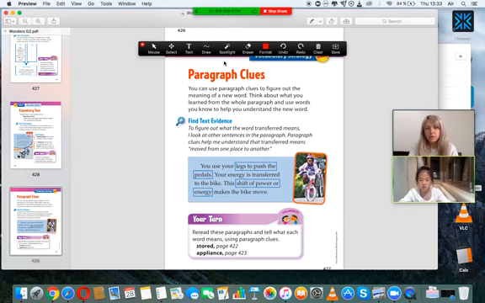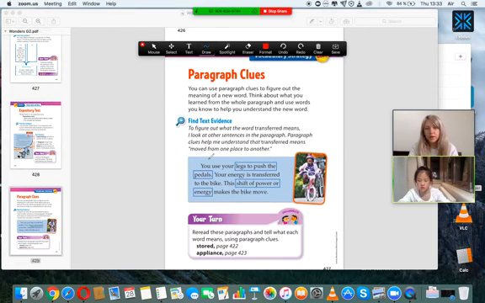So let's read. What do we have here? You use your legs to push the pedals. The energy is transferred to the bike. This gives the bike power or energy. So we see that first legs push the pedals, and then we have power or energy.